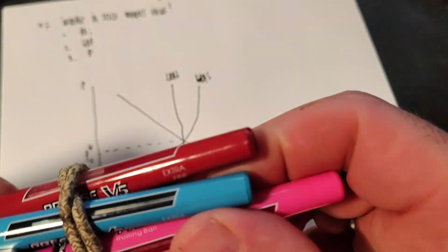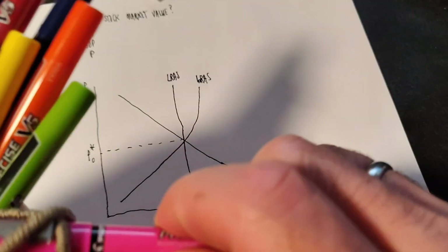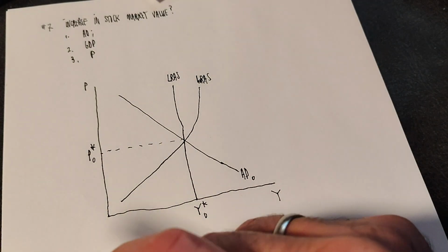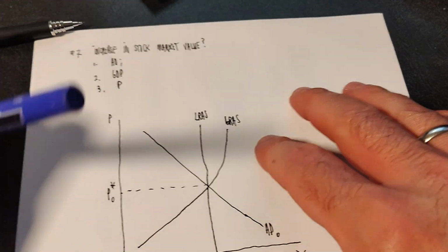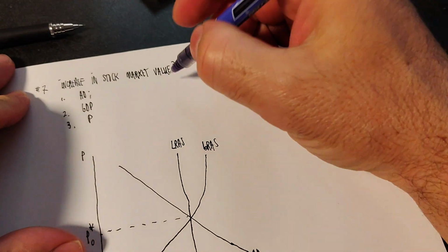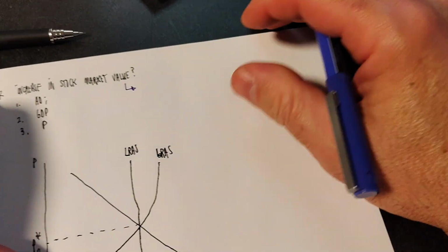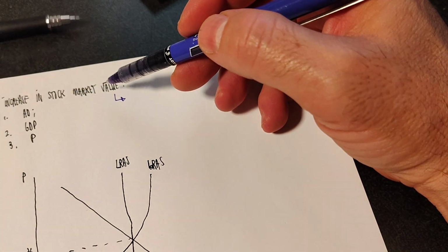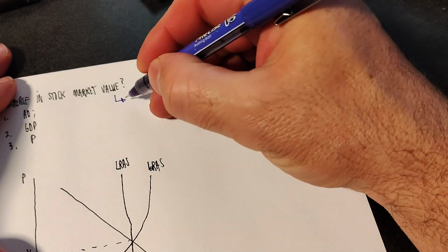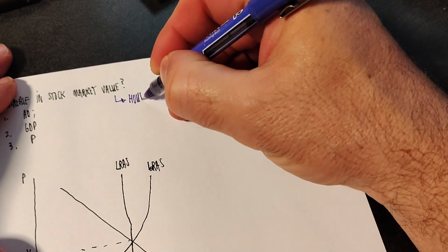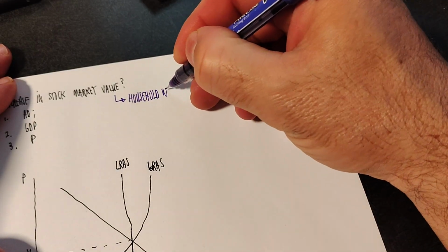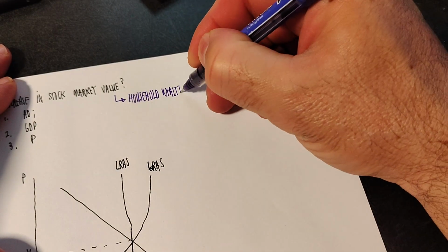And so what's going to happen to the aggregate demand curve? The argument here is that an increase in the stock market value is going to have a couple of effects. One is it's probably going to make the people who own the stocks feel a little wealthier. We can safely assume households are the ones that hold stocks, so household wealth is going to increase.